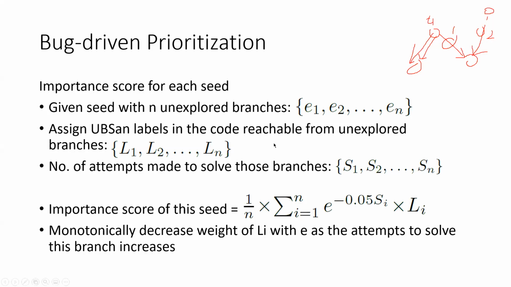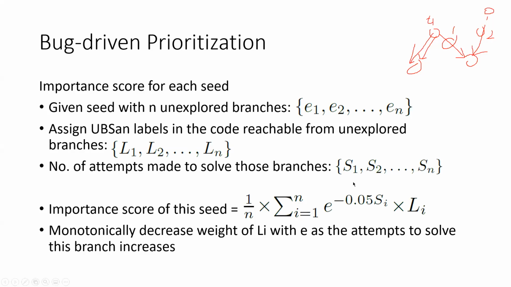Yeah, so for each of the unexplored branches, it will try and find code regions that are reachable from these branches. Then you assign L1, L2 to Ln corresponding to those branches.